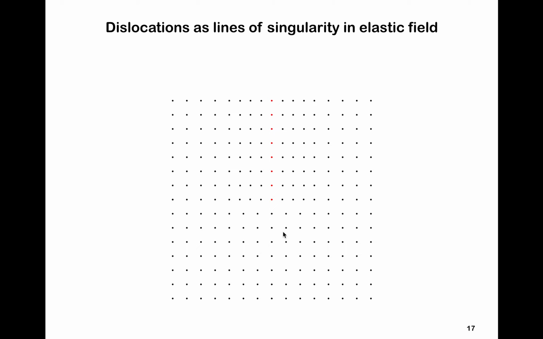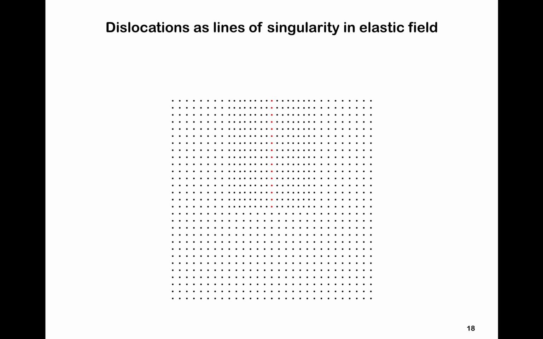You have an extra plane of atoms where you're not supposed to have this extra plane. I zoom out even further, the same story. All I'm doing is zooming out so that I have more and more atoms. Now it's a very simple task to imagine the limit when you come out to a macroscopic scale where you cannot visualize these atoms anymore, but you see a continuum.